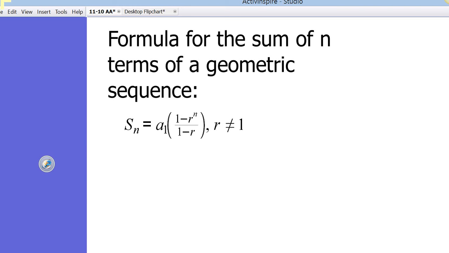Oh my gosh, it's ugly. S of n is equal to a sub 1 times 1 minus r to the n power over 1 minus r, and that's it. But r cannot equal 1.